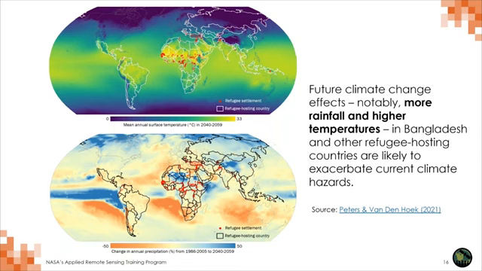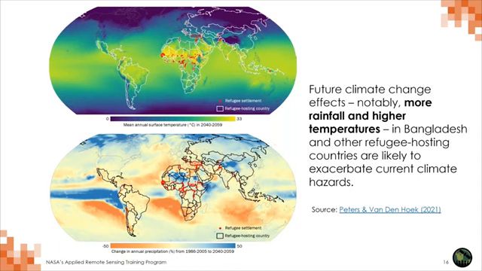That's a present concern. But of course, we know that future climate change effects, such as more rainfall and higher temperatures in Bangladesh and other refugee hosting countries, are going to make these challenges, probably not always, but in many cases, more acute, more severe and more frequent.